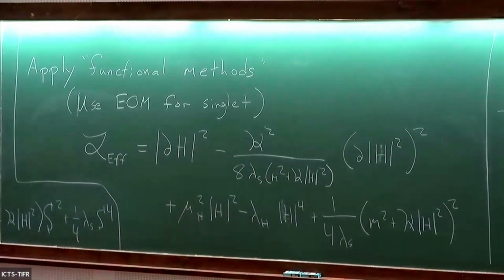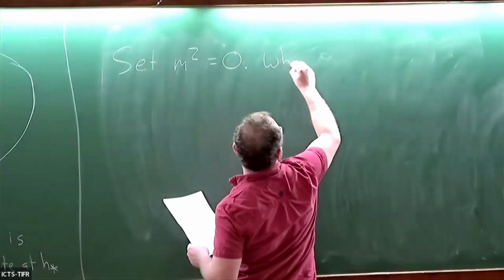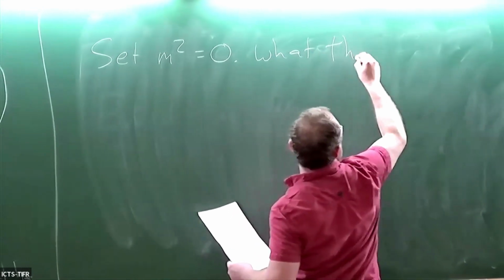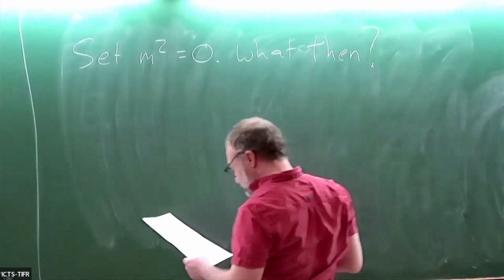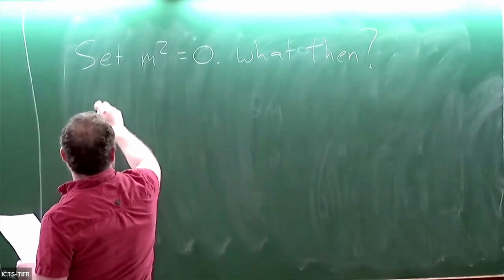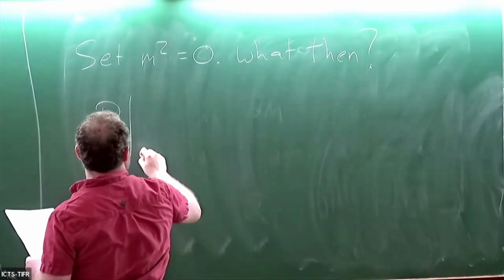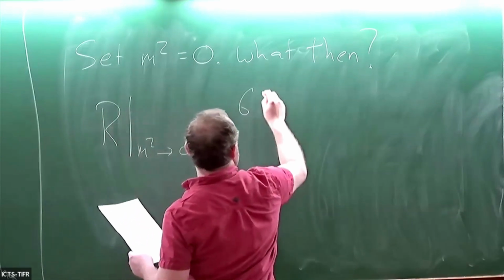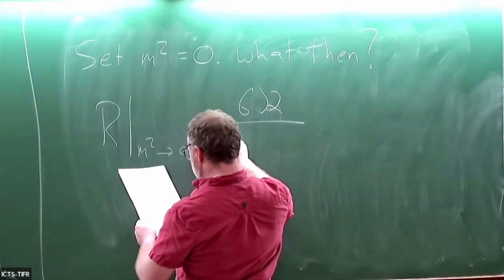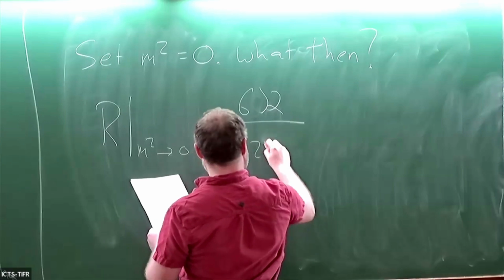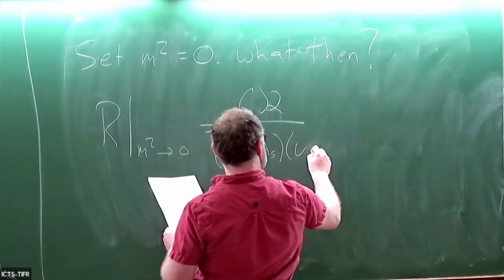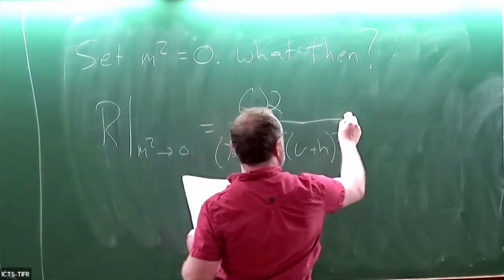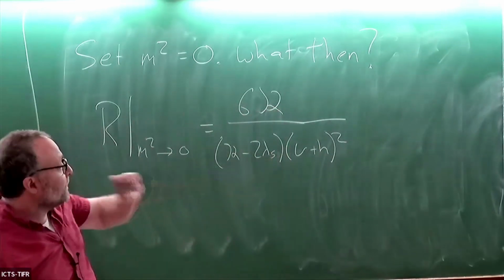Let's talk about this point with m squared equals 0. Now we can be a little more careful with the evaluation of R. So let's first take m squared equals 0 in the formula. This is just taking that R formula and setting m squared to 0.